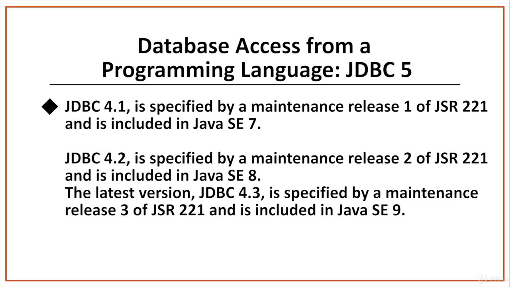JDBC 4.1 is specified by a maintenance release 1 of JSR 221 and is included in Java SE 7. JDBC 4.2 is specified by a maintenance release 2 of JSR 221 and is included in Java SE 8. The latest version, JDBC 4.3, is specified by a maintenance release 3 of JSR 221 and is included in Java SE 9.